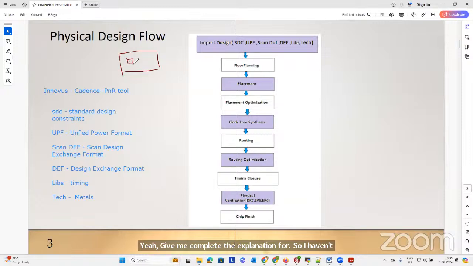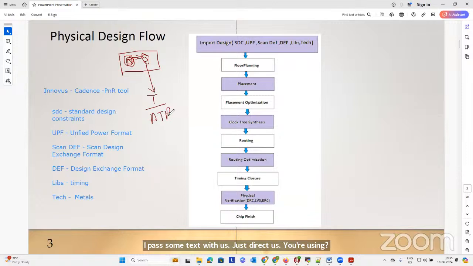This logic is not working properly, but I have scan cells inserted at my placement stage or floor plan stage. Using these scan cells, I need to debug where this logic is getting defective. I'll pass some test vectors using ATPG, automatic test pattern generation.